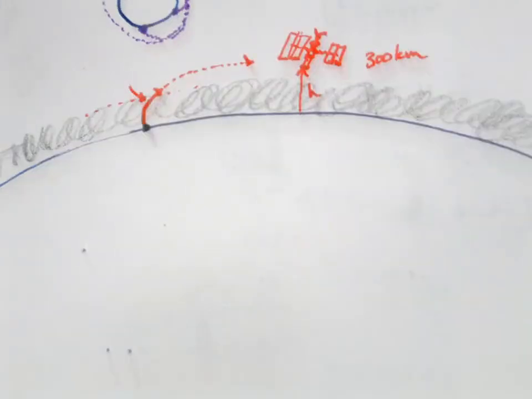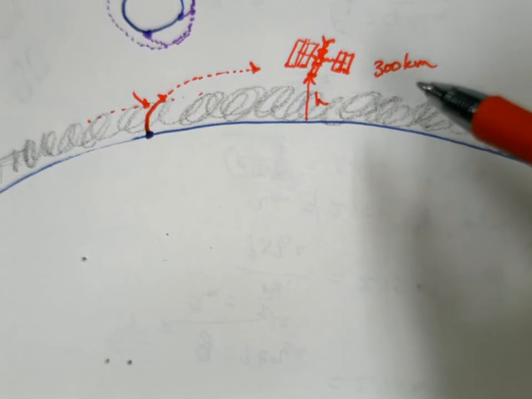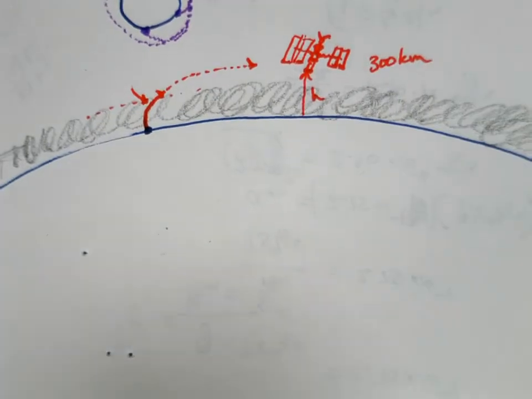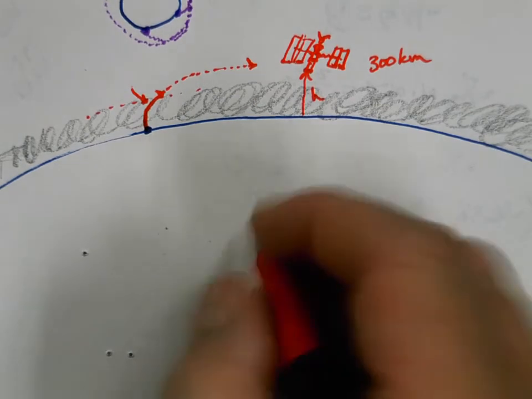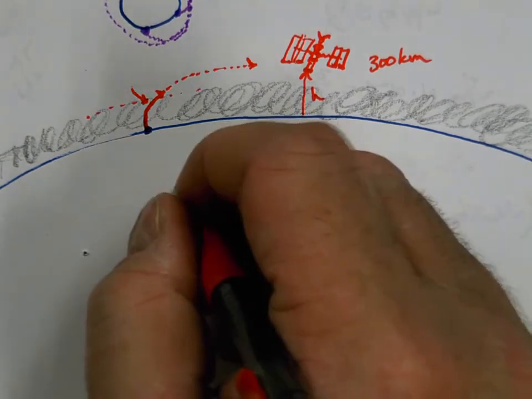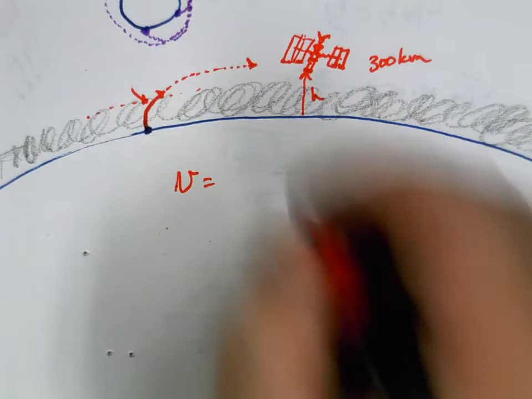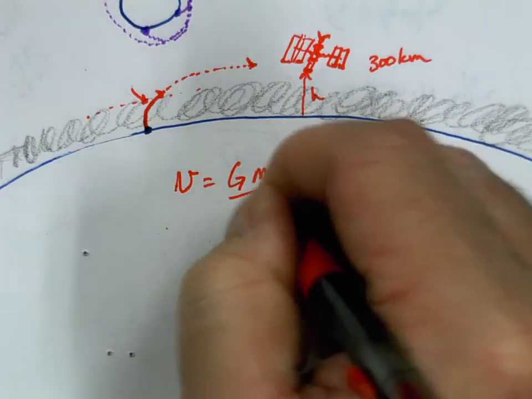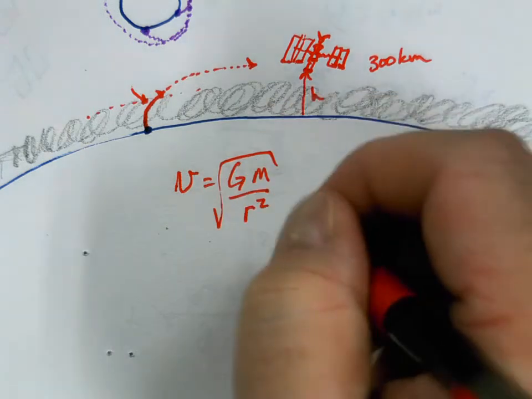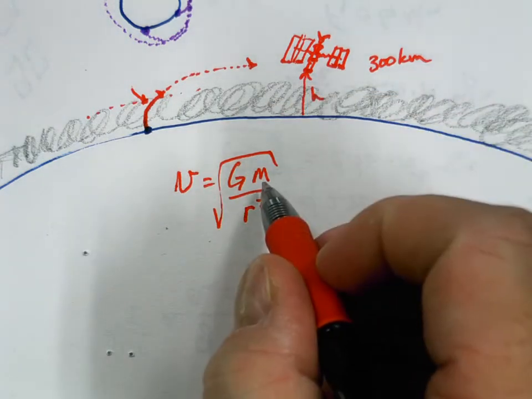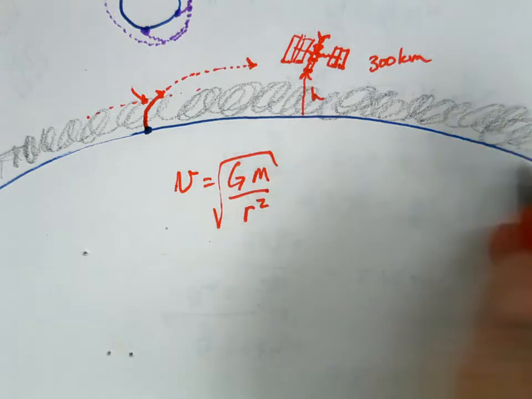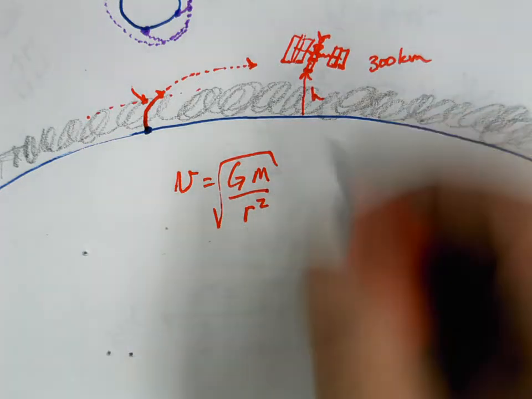And so what we're going to do is figure out how fast the space station orbits the Earth. We know that our velocity equals the square root of GM over r, where M is the mass of the planet, and we know the radius of the Earth, but this r is not just this height.